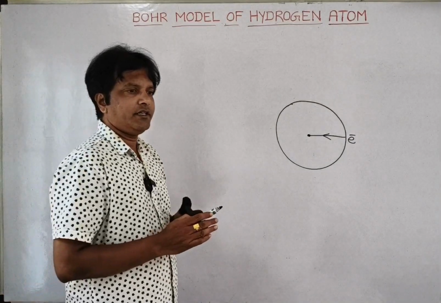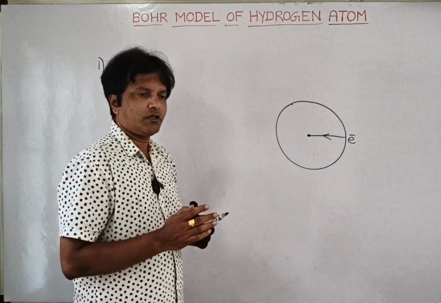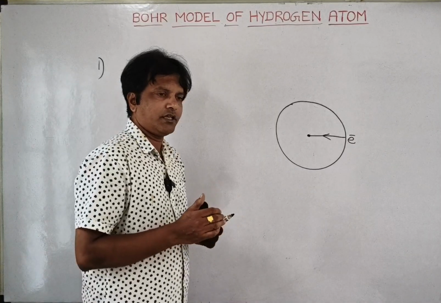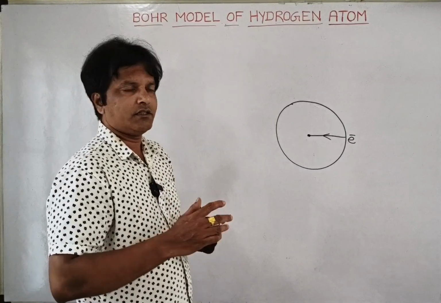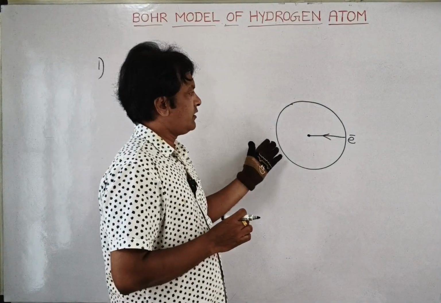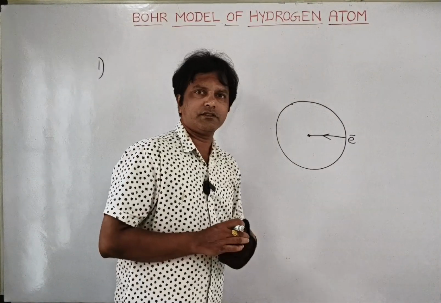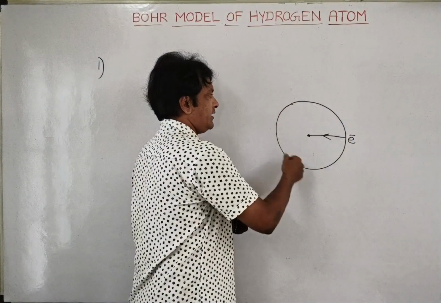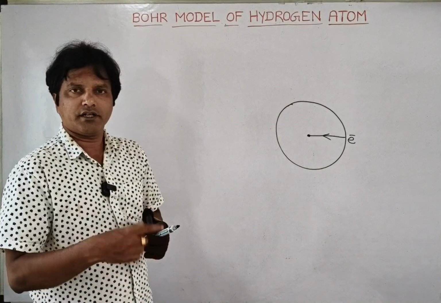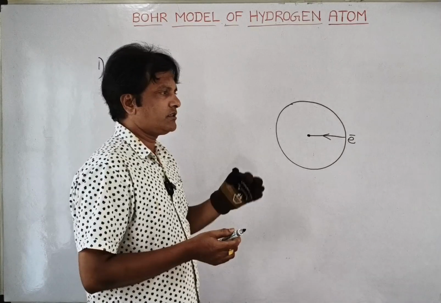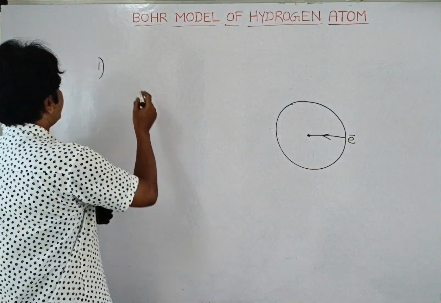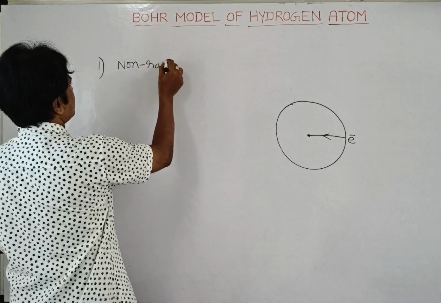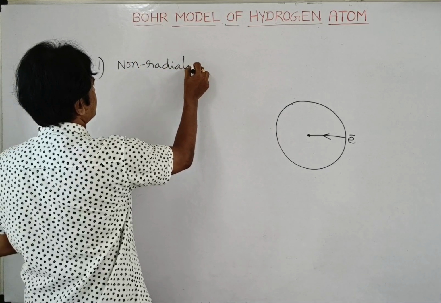So these non-radiating orbits are also called the states of the atom. We call it the ground state, first state, like that. So these states, the stationary orbits which are non-radiating, mean the electron doesn't emit any energy while rotating in the orbits. So this is the first postulate, that is regarding non-radiating orbits.